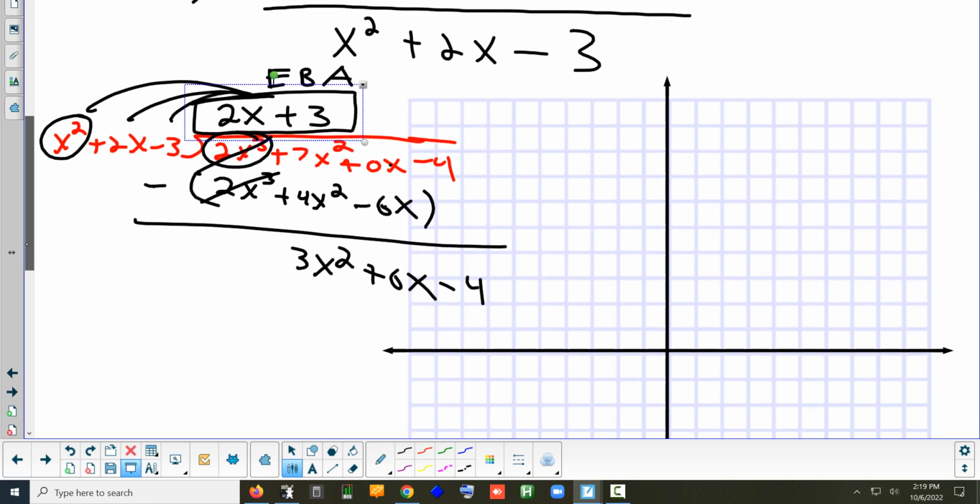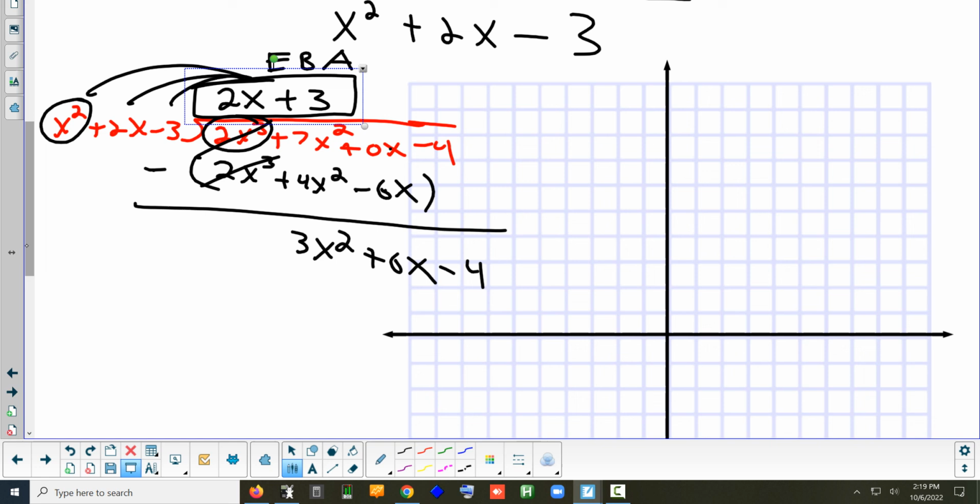What's my y-intercept? That would be 3. So we're going to put a dot on 3. And how do I use my slope to get another point?